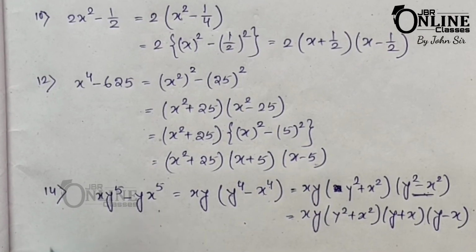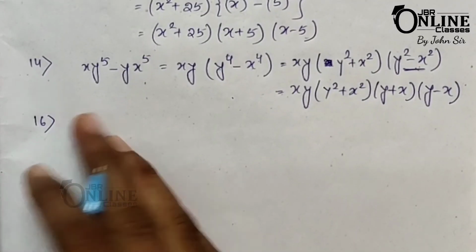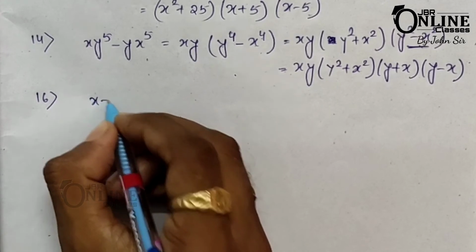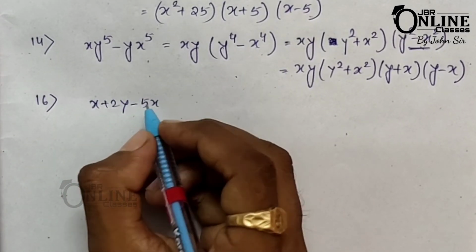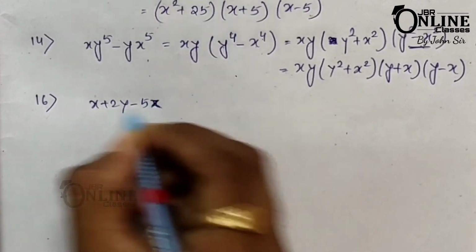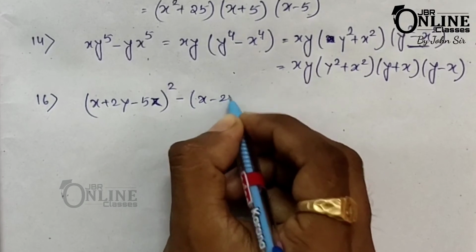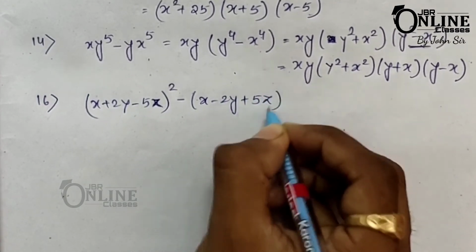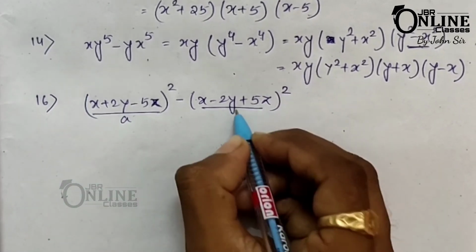Now the last one, sum number 16. In sum number 16, x plus 2y minus 5z whole square minus x minus 2y plus 5z whole square. Okay, so just consider this one as a and this one as b.